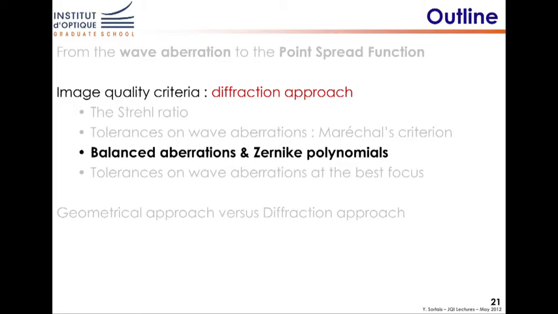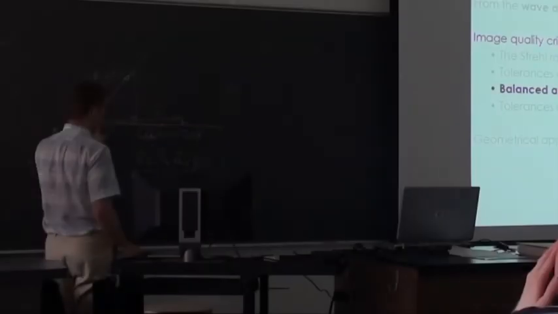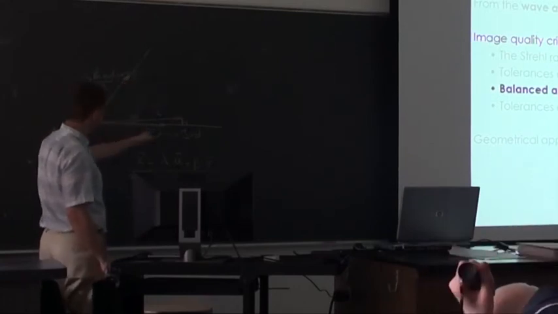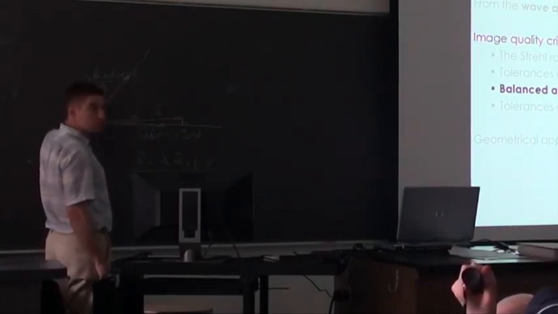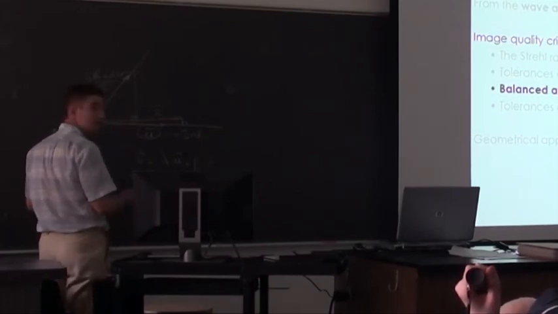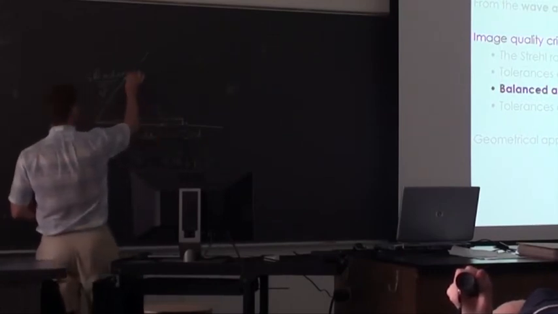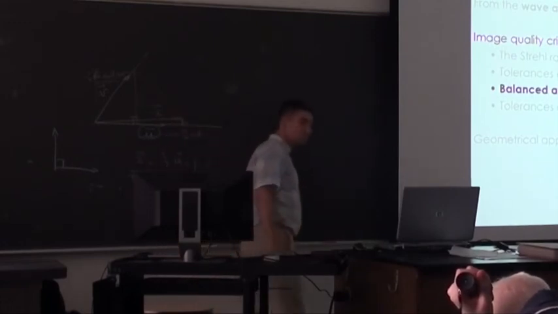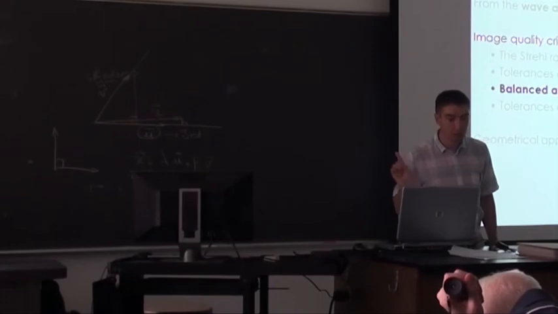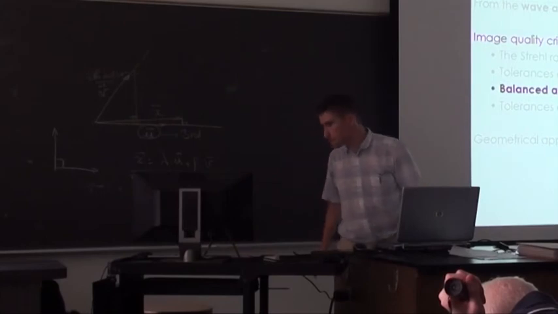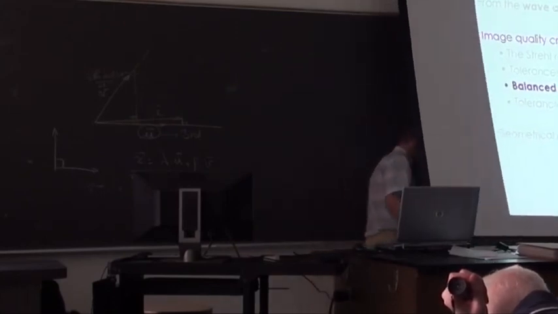Zernike thought about that, and he said, in order to produce a basis of polynomials that are orthogonal, how much of U should I add to V to have a basis of polynomials that are orthogonal? Well, the answer is, you add as much as... Yes.